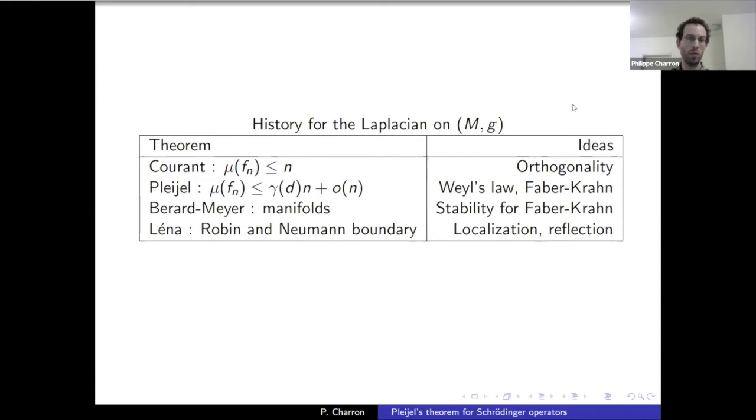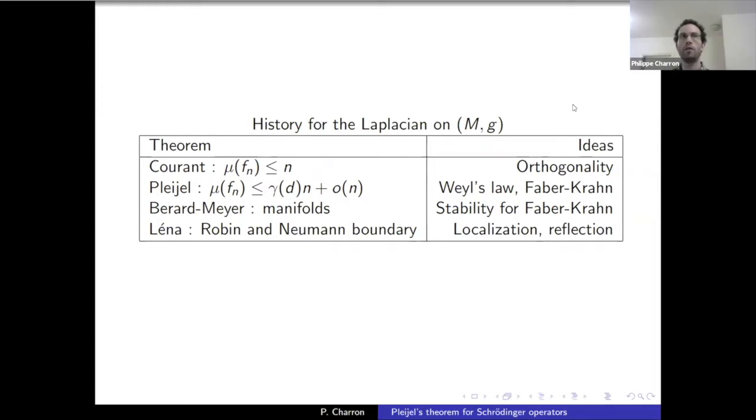The first one was by Courant. The idea is that the nth eigenfunction has at most n nodal domains. The key idea is that if you have too many nodal domains, it allows you to create a space of test functions which has Rayleigh quotient bounded by your eigenvalue and has very high dimension.